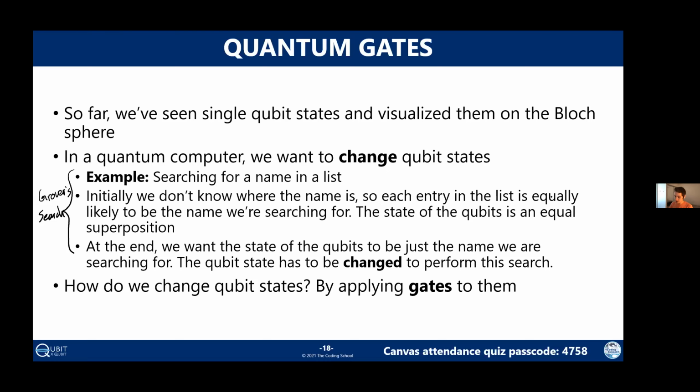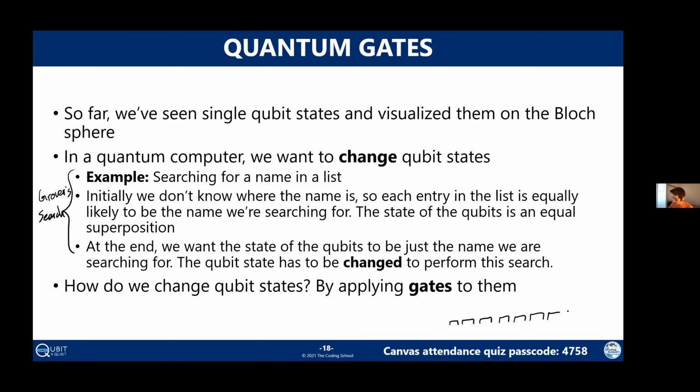Now, at the end of our search algorithm, we want the states of the qubits to be such that there is a 100% or close to 100% chance of observing our friend's name, right? So we start off with something where there's a very small probability that each of the names is the one we're looking for.